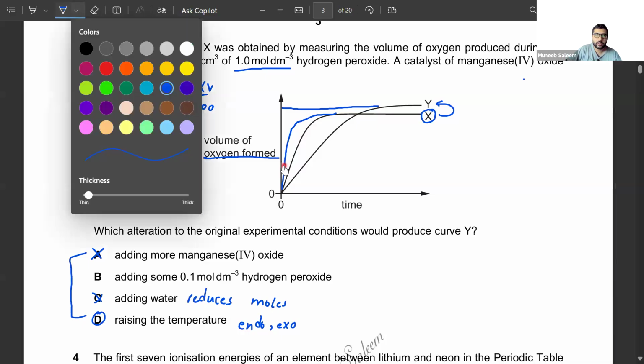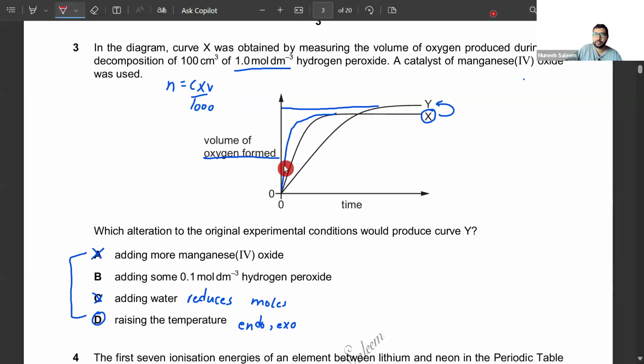The last one is adding 0.1 mole per dm cube of hydrogen peroxide. So this could be the reason, because you are actually increasing the amount of the reactant. When you increase the amount of the reactant, and the reactant is being decomposed in this reaction, it will increase the volume of the oxygen produced by the decomposition.